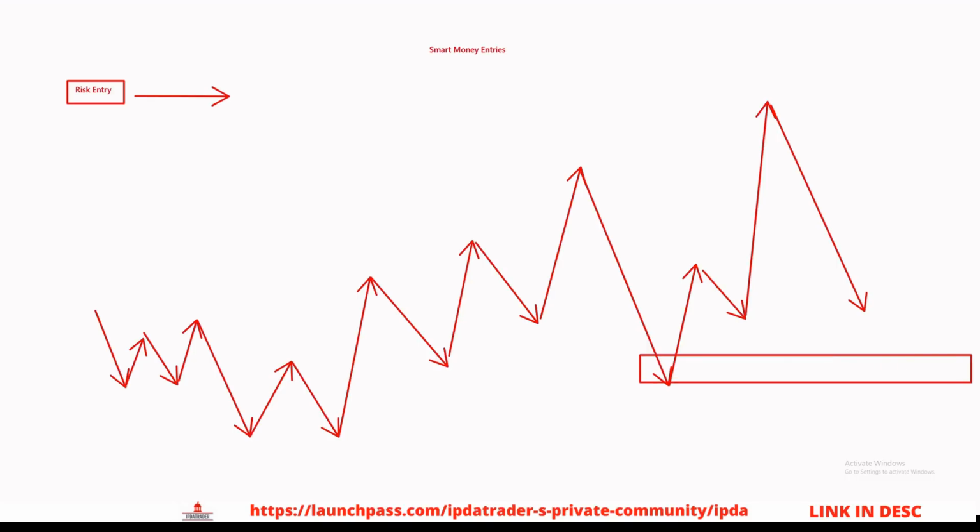If you decide to place a buy limit right at the open of the block, or the 50% of the block, or a block refinement, whatever it may be, if you decide to place a buy limit over here without looking for any sort of confirmation, whether that comes in the form of order flow, Wyckoff, breaks, whatever you want to call it, if you decide to just take an entry as price is tapping into your block without looking at the lower time frame for confirmations, that is known as a risk entry over here, okay?